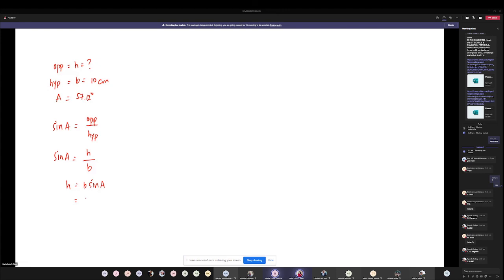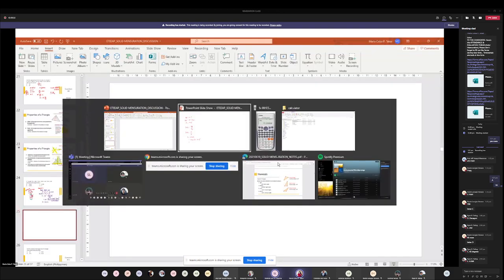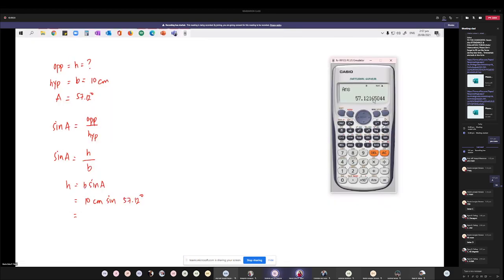So it's 10 cm times sine of 57.12 degrees again. We'll use the exact value since it's already available in the calculator. So let's just recall the exact value by pressing A and S. So we have 10 times sine of, we press A and S to get the exact value of the previous answer.